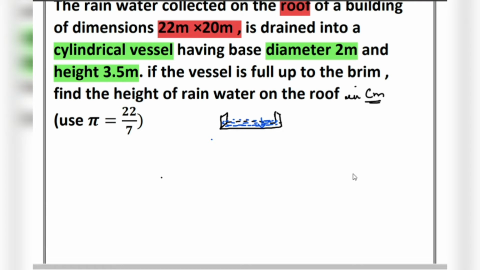So this height we have to find out, that is h. This roof water now is drained into a cylinder, and this cylinder has dimensions: diameter is 2 meter, so radius is 1 meter, and height of this is 3.5 meter.